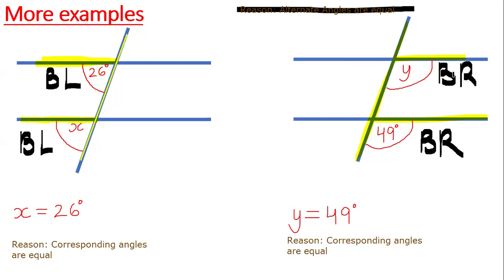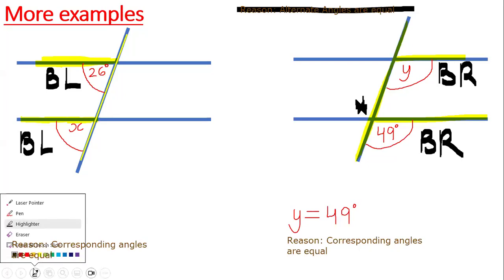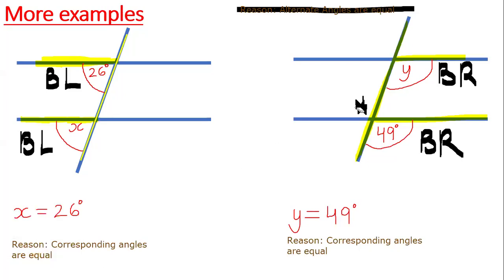Then if it's bottom right, this one will be right here if it's alternate. So that would be top left. Okay, so like the opposite. I understand the difference with the two. Understand the difference? Good.